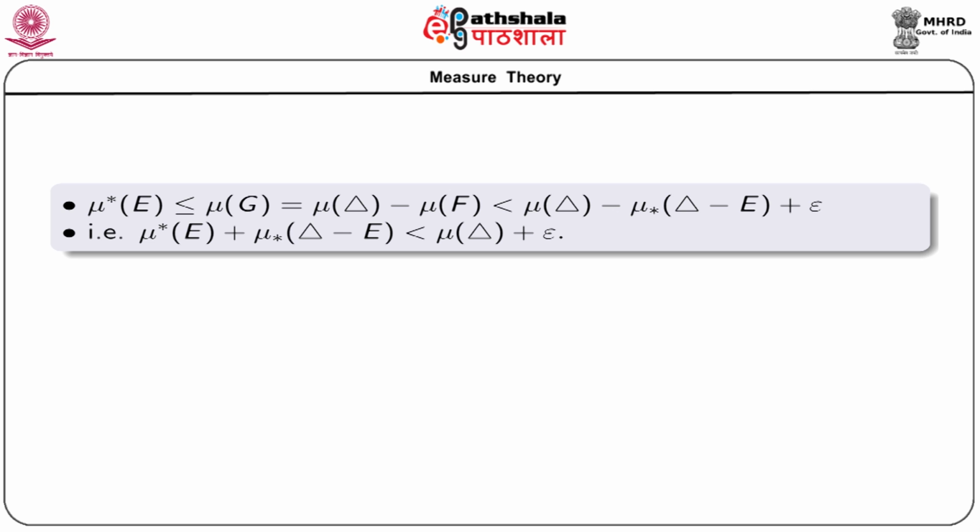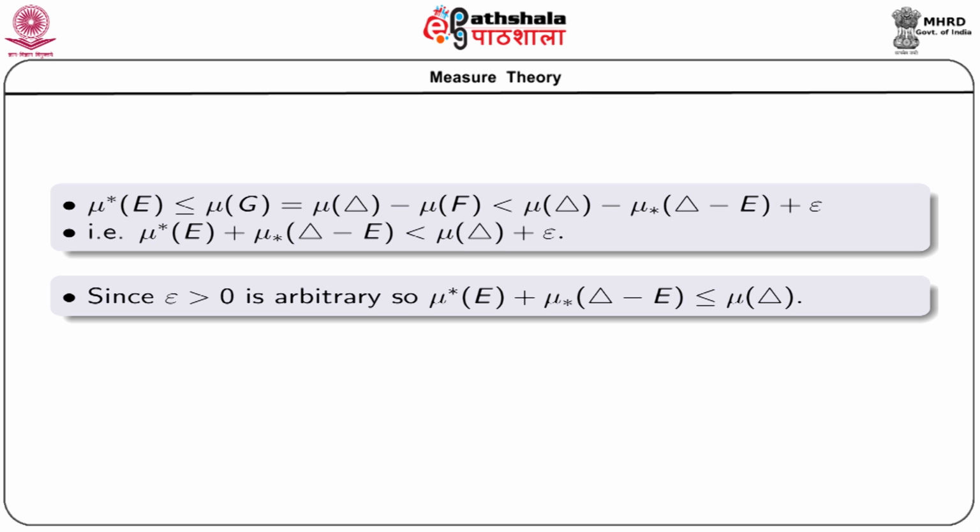That is, we have mu upper star E plus mu lower star of delta minus E is less than mu of delta plus epsilon. Now, see that we have the epsilon only on the right hand side. The left hand side is true for any epsilon greater than 0.